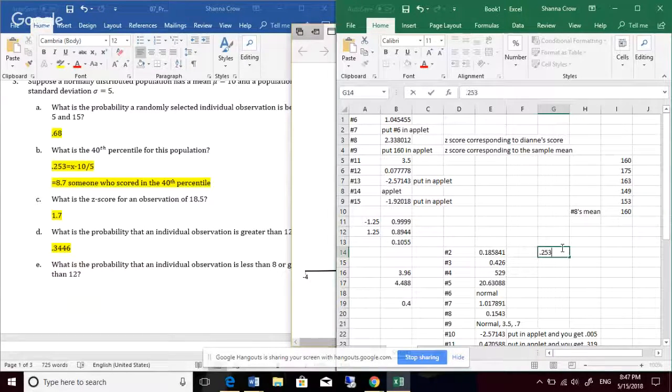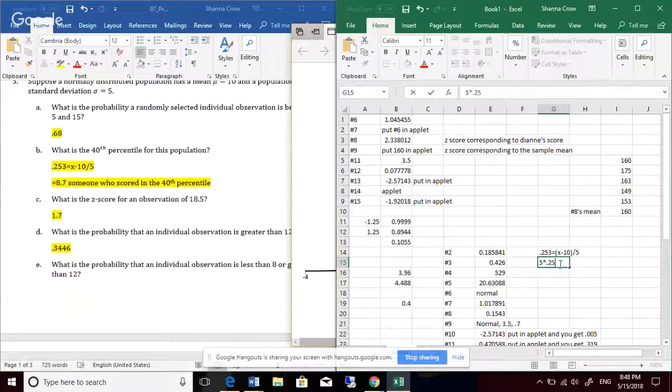Let me see. 0.253 equals x minus 10. This is what I did. What did I do wrong? Times it by 5. 5 plus 10. One second, let me see.